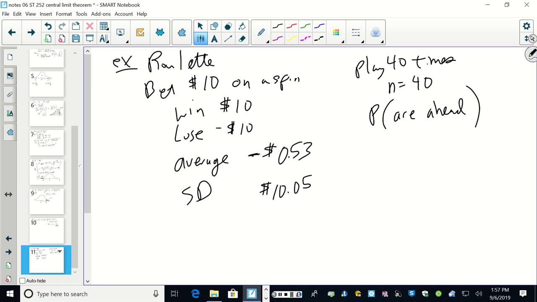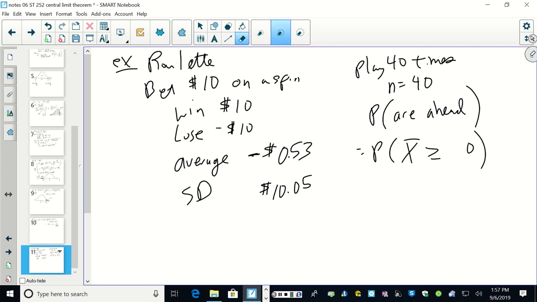What's the probability that your average is greater than or equal to 0? You might be interested in the sum. What's the total of winnings and losing? Is the total greater than 0? If the total is greater than 0, then the average is greater than 0.